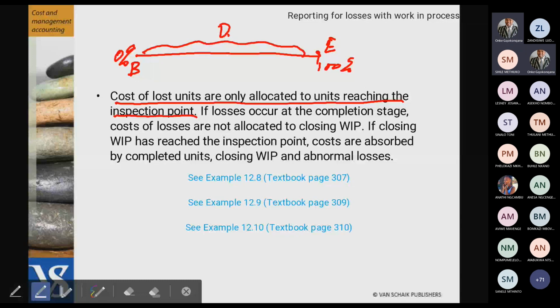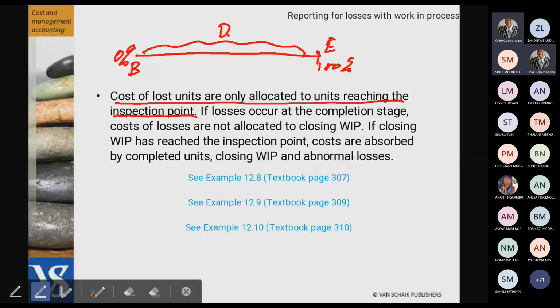So what I was saying is, look, these are the three stages where we detect the loss. And they are saying the cost of lost units is only allocated to units that reach the inspection point. So if the loss occurs at the beginning of our production process, what we need to look at is the units that have passed 0%, which is mostly all the units that we have in the production process, because this is your starting point.